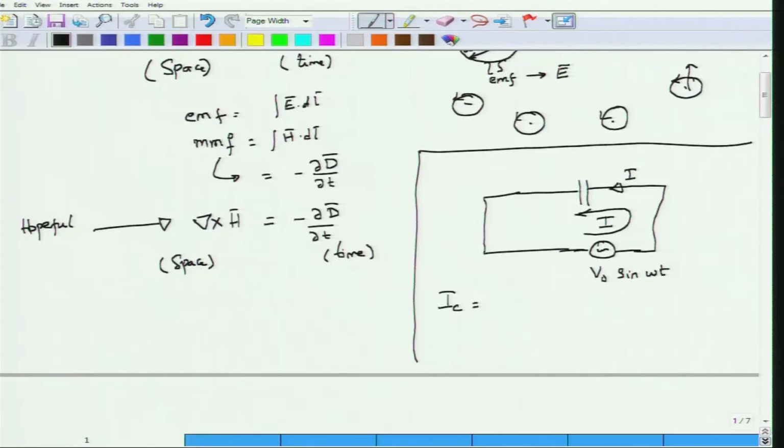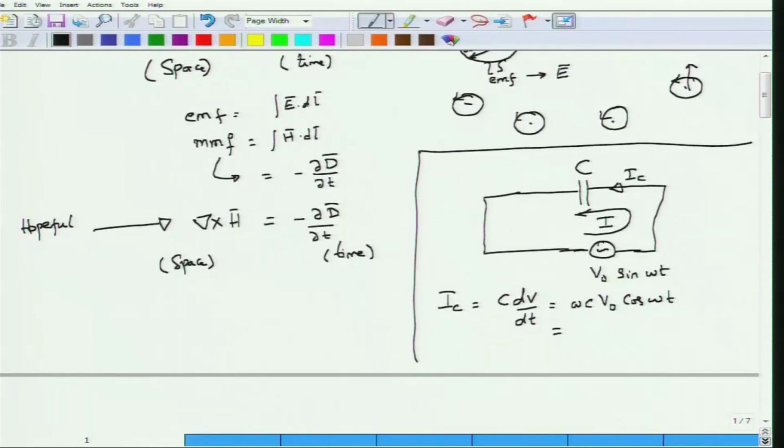Let us call this current IC, which is the charging current for the capacitor. If the capacitor has a capacitance C, then the charging current would be C dV by dt, which would be omega C V0 cos omega t. If you differentiate V0 sin omega t, you will get omega V0 cos omega t, and then you can use the classic expression that we developed for the capacitor.